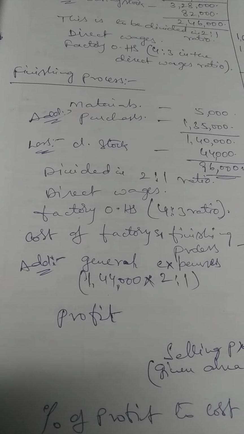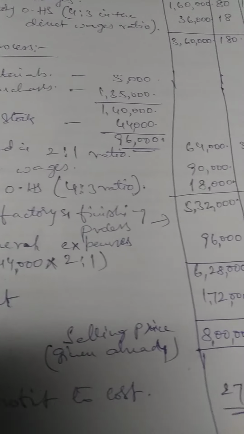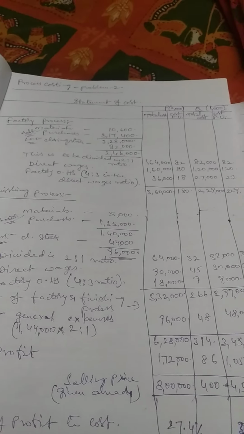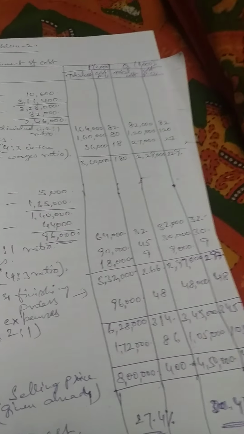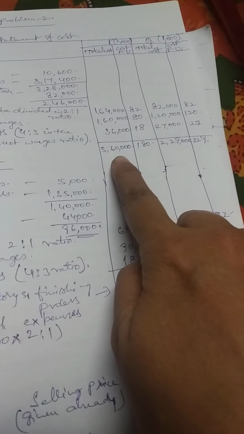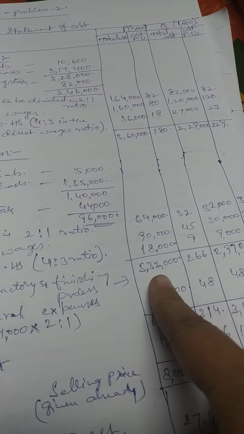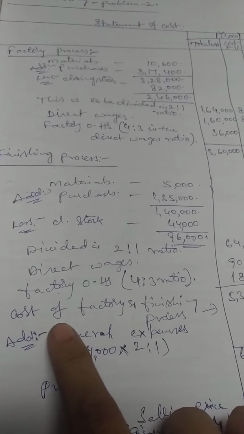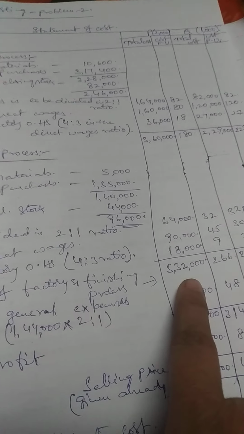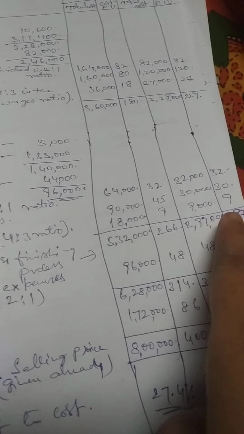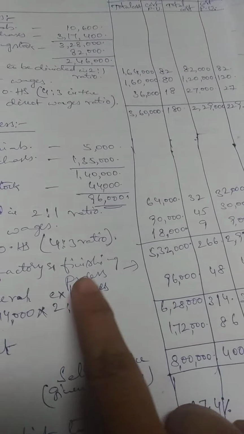So up to here the cost of factory and finishing both the processes, because here it is 3,60,000. So up to here all these expenses will give you product P total cost of factory and finishing process 5,32,000, which is 266 per unit, and Q 2,97,000, which is 297 per unit.